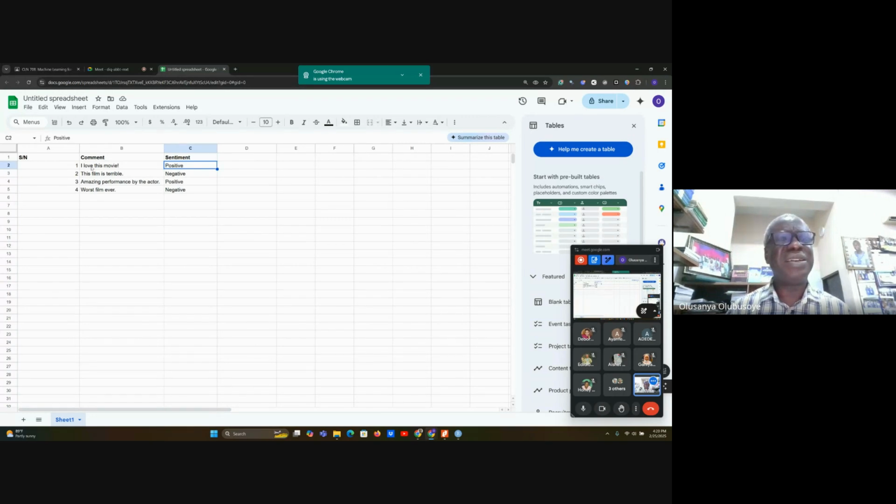And there are 2 ways we can categorize these comments. So for the purpose of our discussion, we are using only 2 classes or 2 categories. So someone who says, "I love this movie," we can say the sentiment being expressed is positive. The one who says, "This film is terrible," the sentiment being expressed is negative.